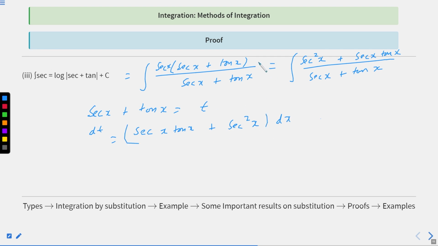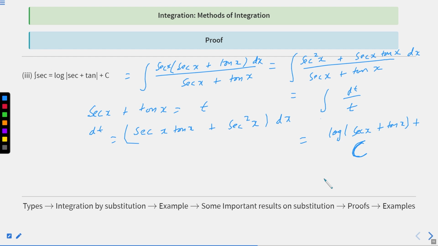You already have dx here, dx here. Now the numerator multiplied with dx can be replaced by just dt. So your integration now will be dt divided by t, and this is log of modulus t, and t is sec x plus tan x plus some constant. Always add plus some constant.